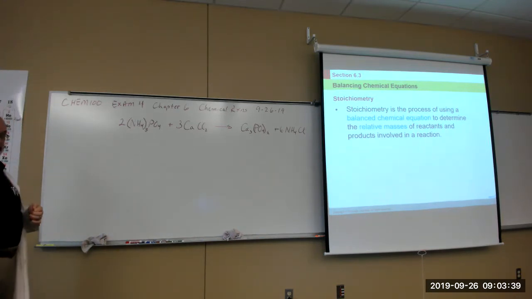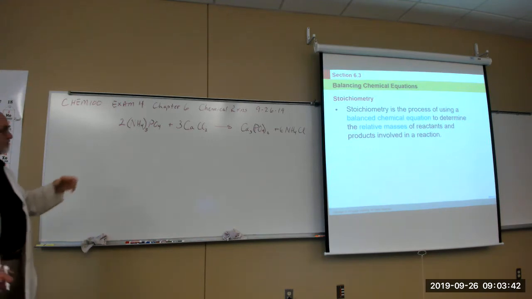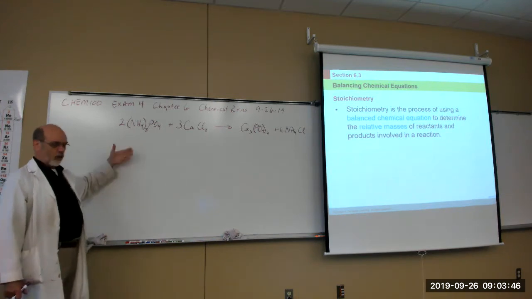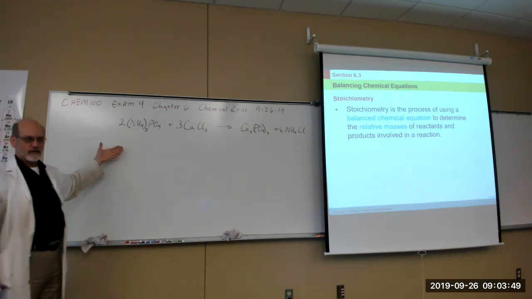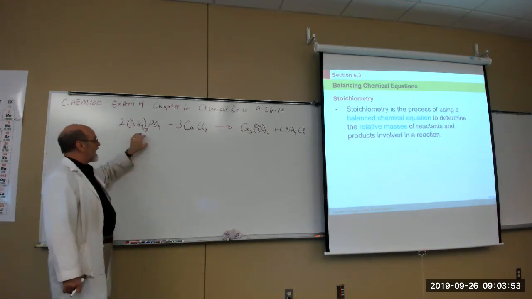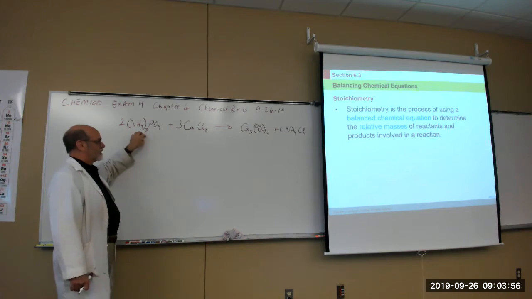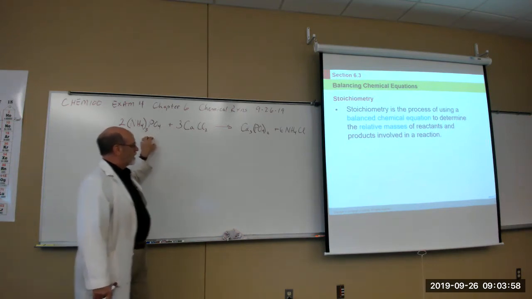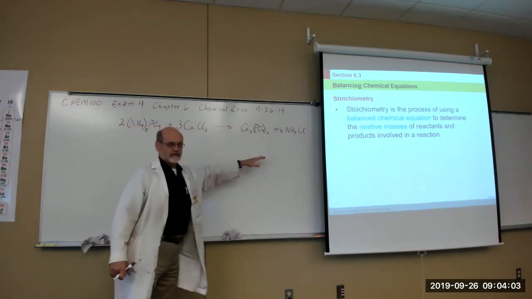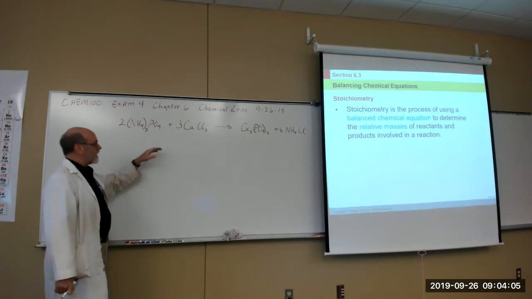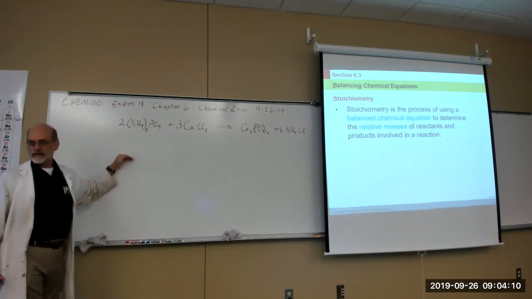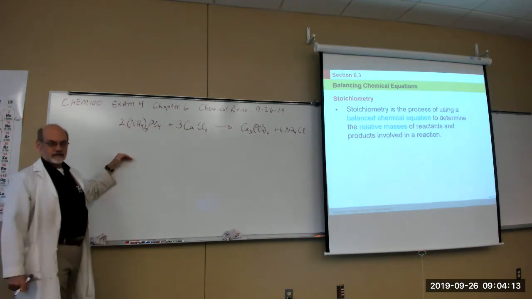Okay, but that doesn't mean you can't use it to determine mass. Because we don't weigh things in terms of molecules, we weigh them in terms of mass. And if you're given a certain mass of this reactant, can you tell how much of that would be produced if all of it were converted? Yes, you can. But you have to take the mass of this and convert it to moles. That's why we spent so much time on unit conversion.